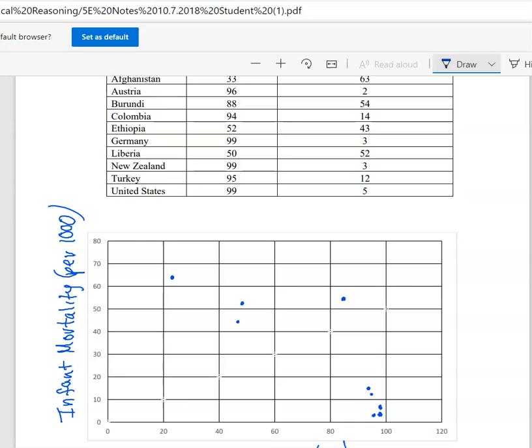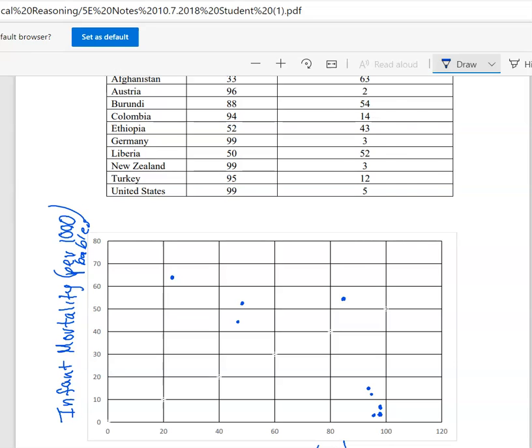Okay, so when I look at this, I kind of see that there might be some kind of relationship going on between these two. It looks like that as infant mortality rate is higher, we have a lower literacy rate.